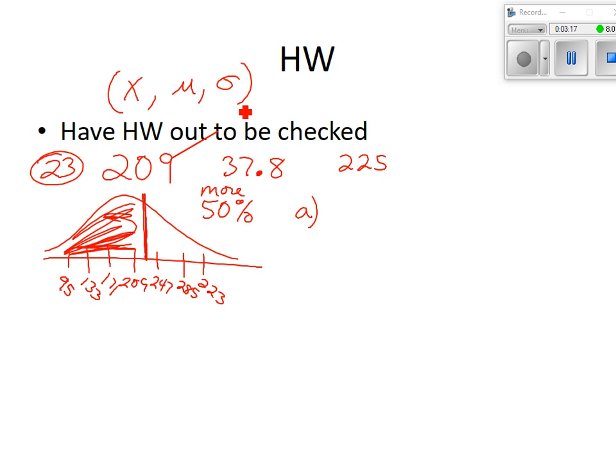Second, normal CDF. 225, comma, 209, comma, 37.8. It gave me 0. Yeah, it gives me 0 too. What are we putting in wrong? Somebody help me out.